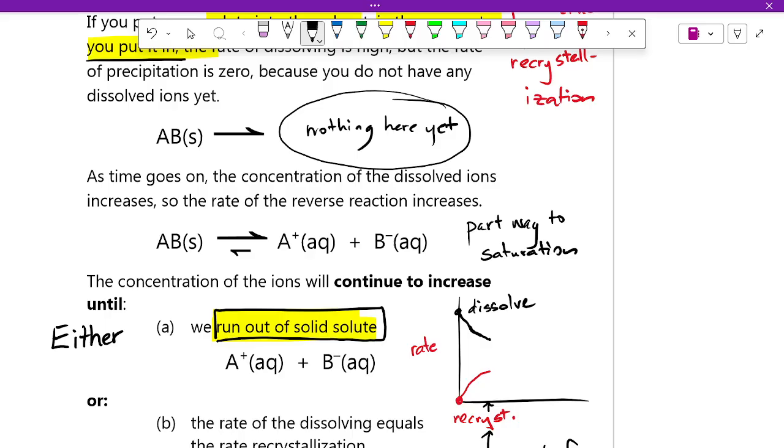And if we run out of solute at that point, what's happened to the rate of dissolving? You now have no more solute.